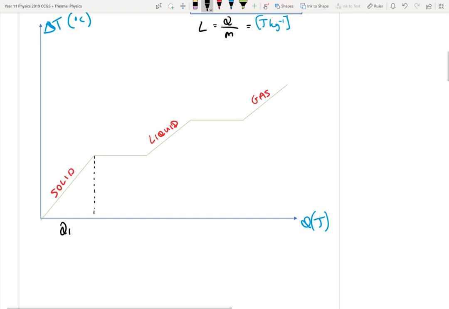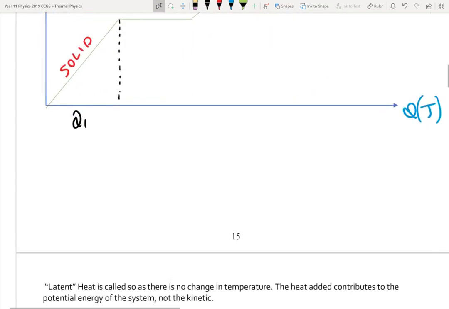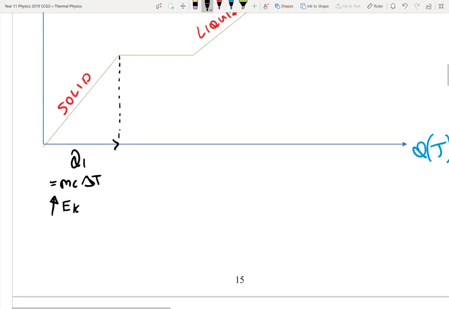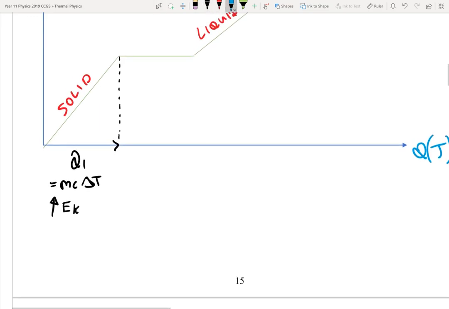Obviously, if we heat up a solid, we'll call this Q1. And we have an equation for that: MC delta T. As we go along the Q value, we're increasing temperature. If temperature is increasing, then all of that Q goes into increasing the kinetic energy. Then eventually we get to the temperature at which it melts. This is again going to be unique for each substance.